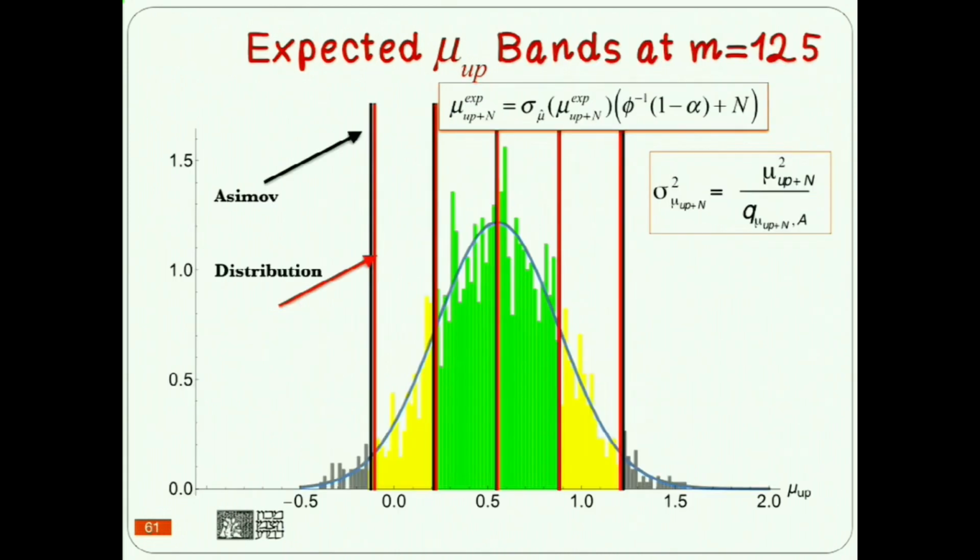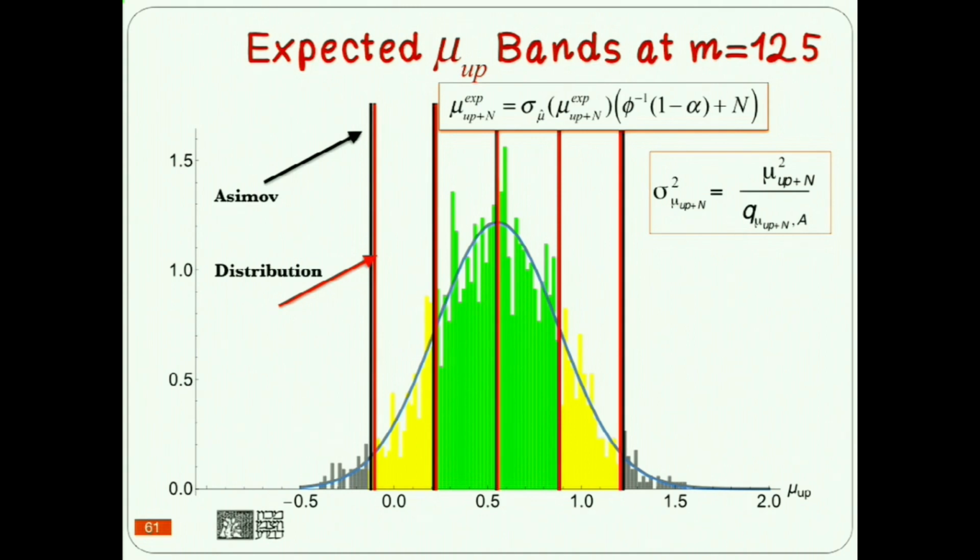If you want to know how tolerant you are with the mu up, you tell the funding agency, I got that with this luminosity in this machine, my sensitivity is to get an upper limit on the signal of, say, 0.5. So they tell you, yeah, but what is the uncertainty on this mu up that you give?